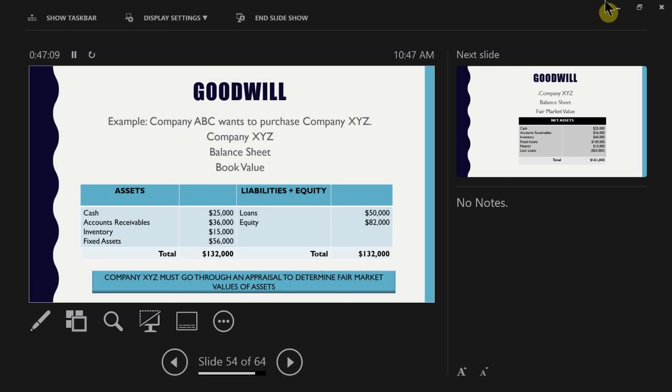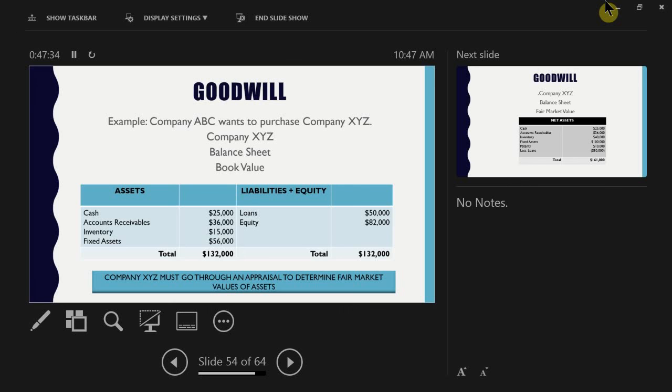Now, of course, you're not going to be keeping all of this stuff that the previous company had. So what you need to do here is seek out an actual professional to go through an appraisal to determine the fair market value of the assets.